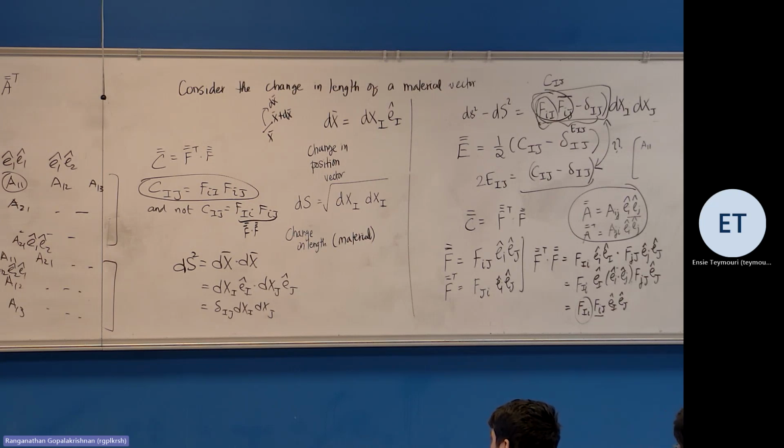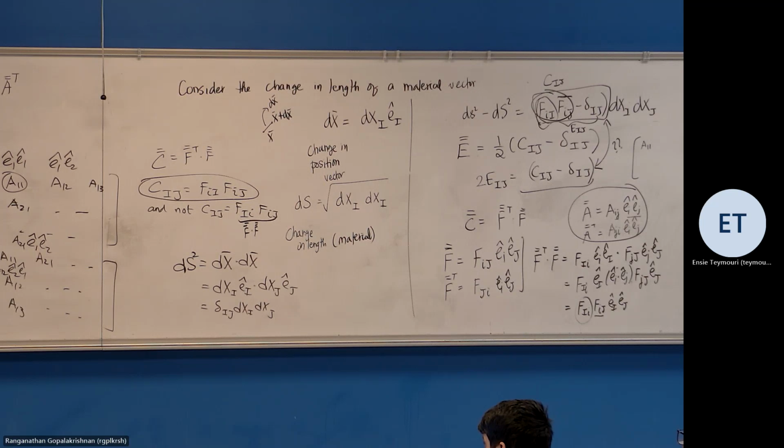Okay, actually, I'll do this in index notation. So how would we write F in general? F_ij e_i e_j, dot. Then we need to pick new dummy variables.